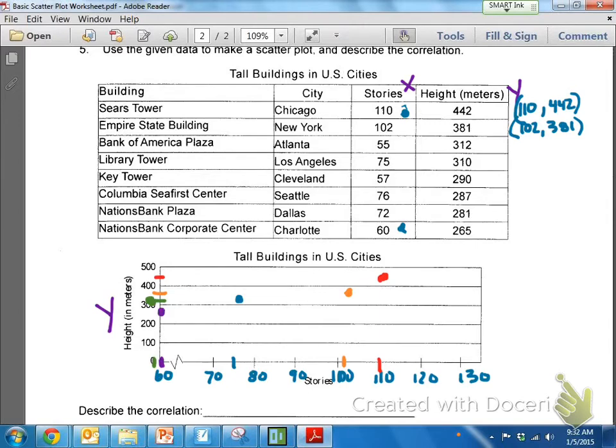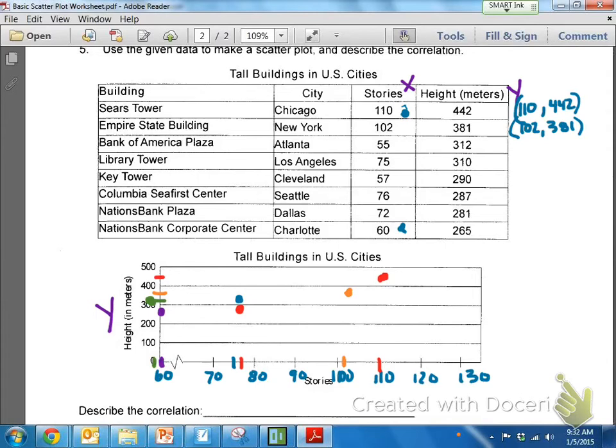Okay. The Columbia Seafirst Center in Seattle, 76 stories, 287 meters tall. So 76 and 287, right into 300. Okay. We have the Nations Bank Plaza in Dallas, 72 stories tall, 281 meters tall.